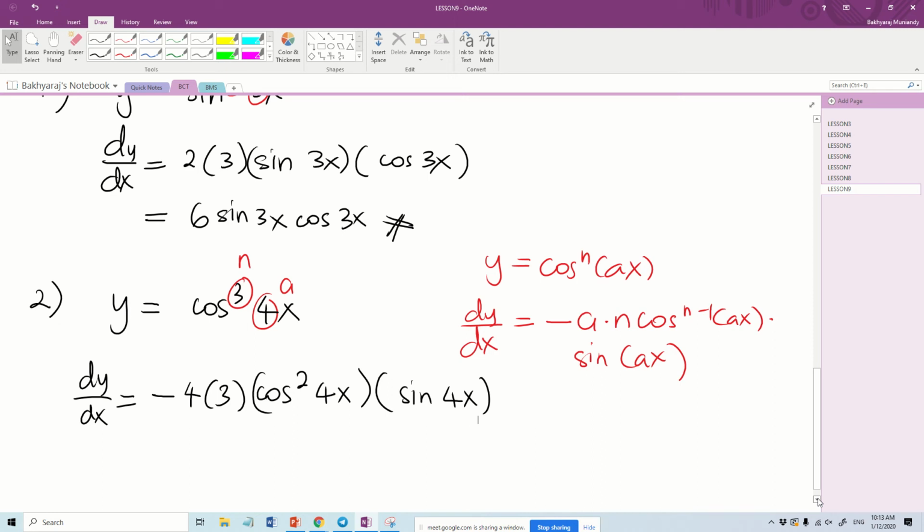That will give you 4 times 3, negative 12 cos square 4x and then sine 4x.